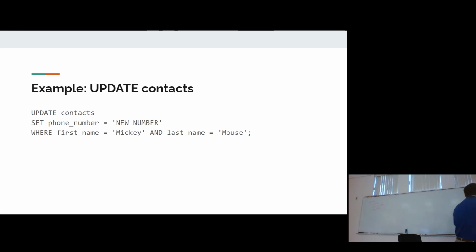Okay. So let's say I do something like this. UPDATE contacts. And I come in here, I'm starting to write, and I say, hey, I want to change the phone number.